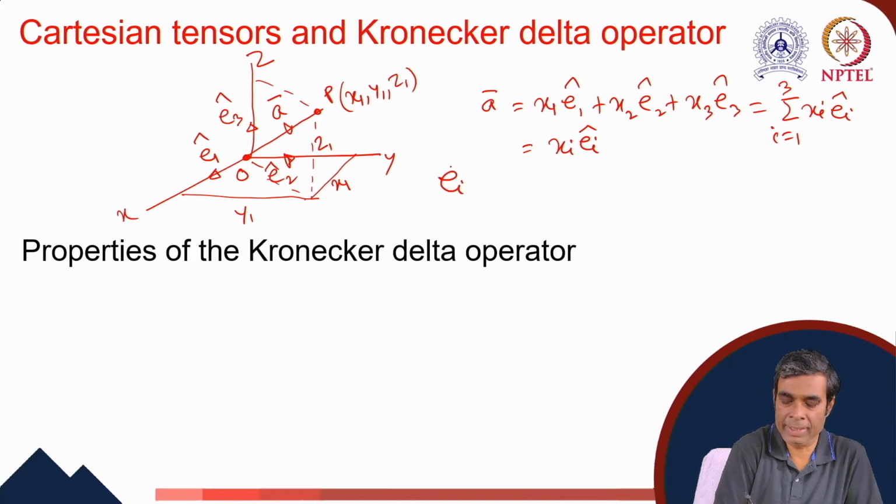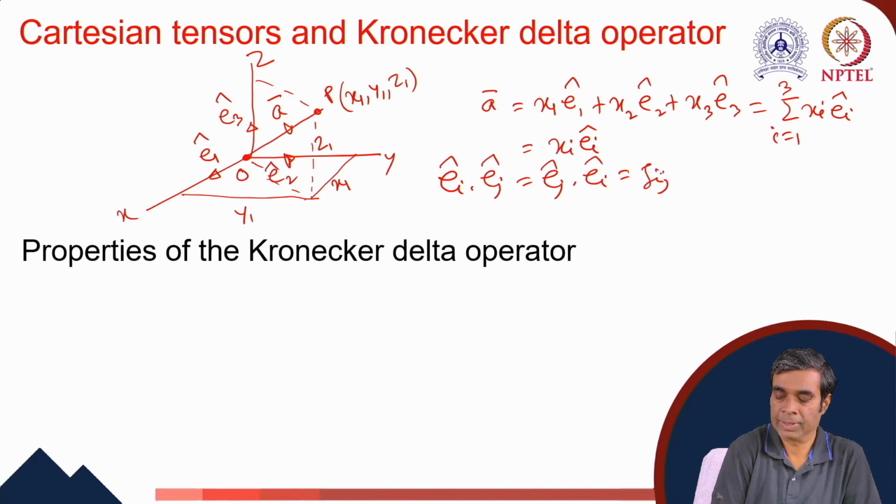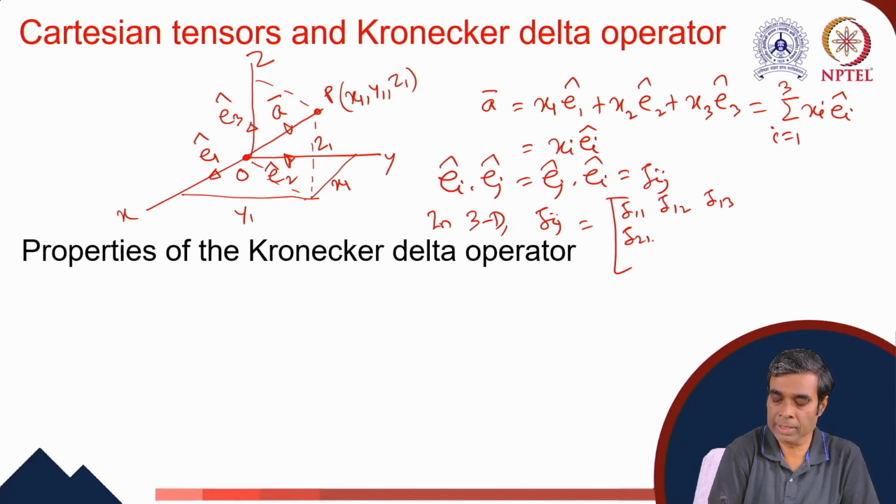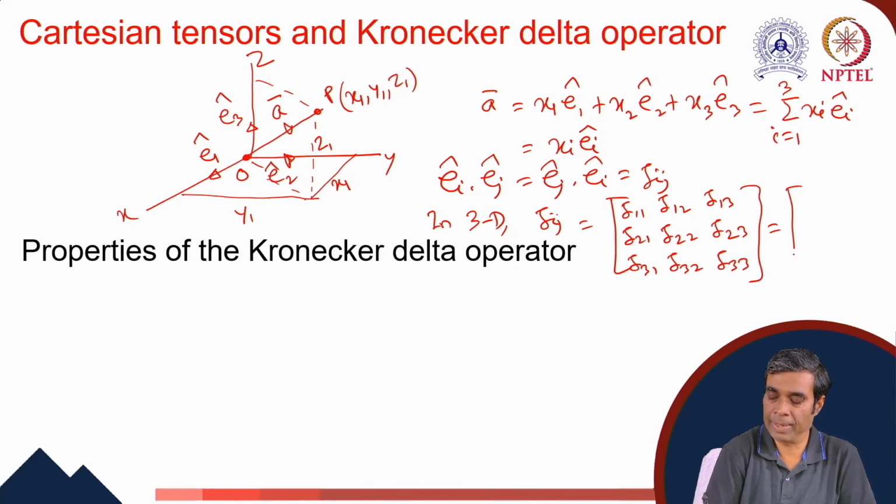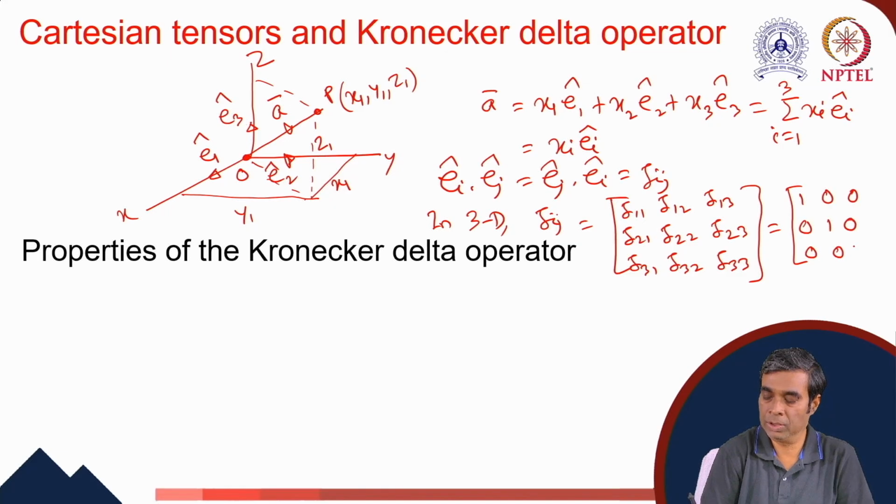So we can write that ei cap dot ej cap equals ej cap dot ei cap equals delta ij, and in 3D delta ij can be written as delta 11, delta 12, delta 13, delta 21, delta 22, delta 23, delta 31, delta 32, delta 33. So this is a 3 by 3 matrix with the terms as 1 0 0, 0 1 0, 0 0 1.